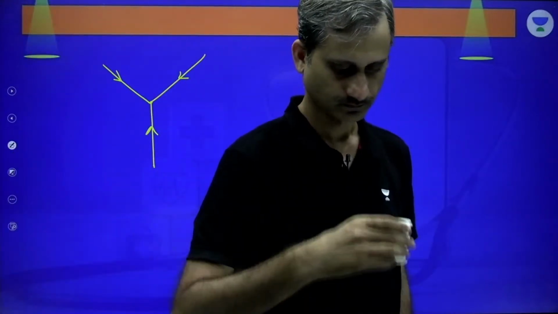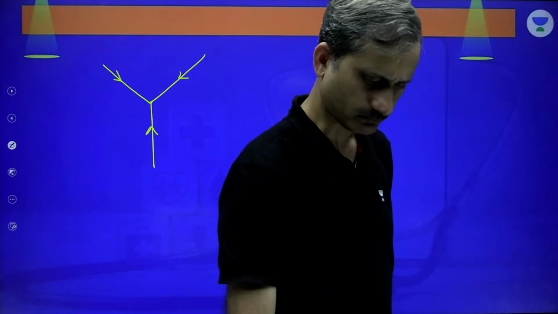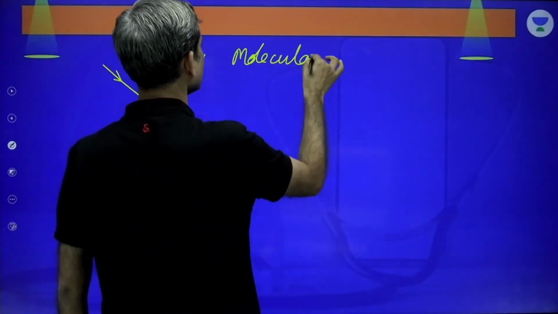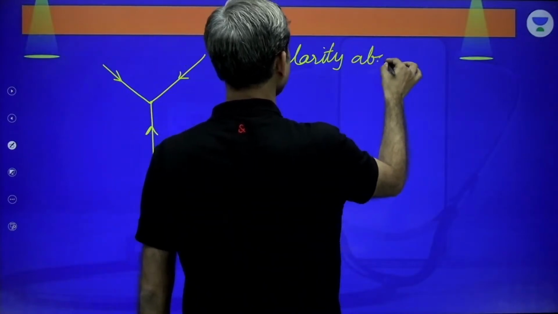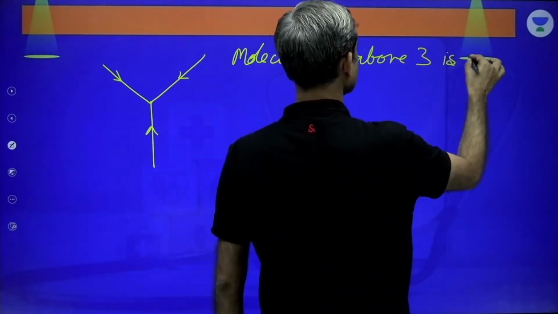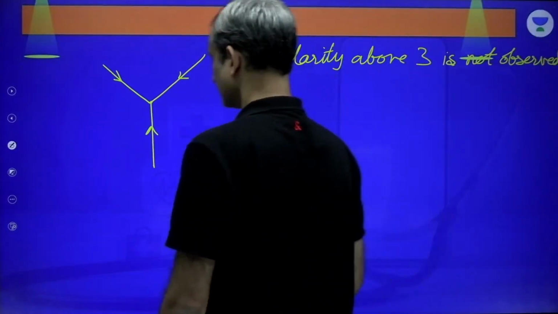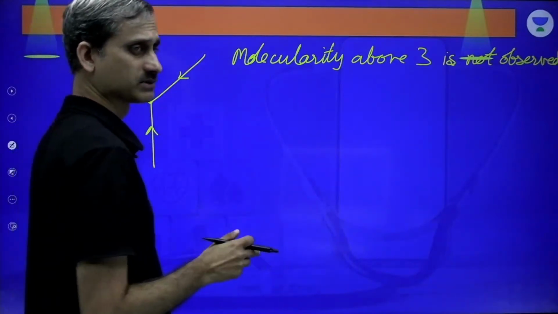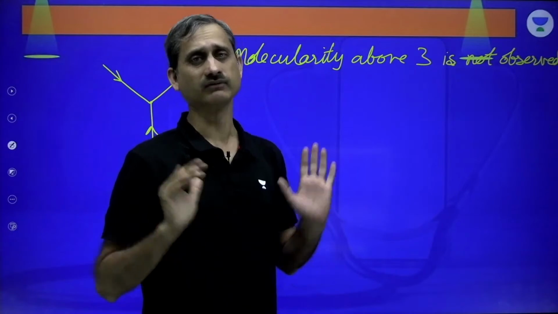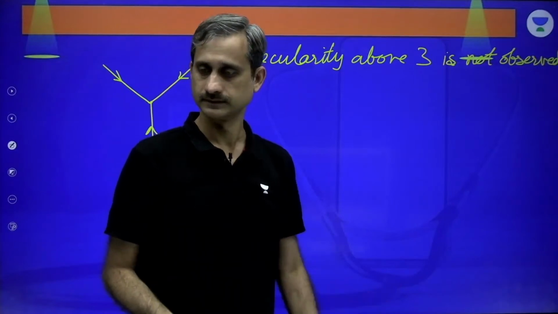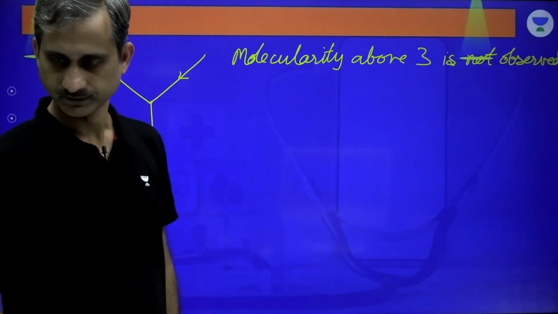Harsh, is this clear? We have already made it clear. So that is the reason why molecularity above 3 is not observed. Well, in chemistry we do not say it does not exist. In chemistry we have a tendency to say that I have not observed it, I don't know about it. So in chemistry, you have to accept you don't know it. Fine.